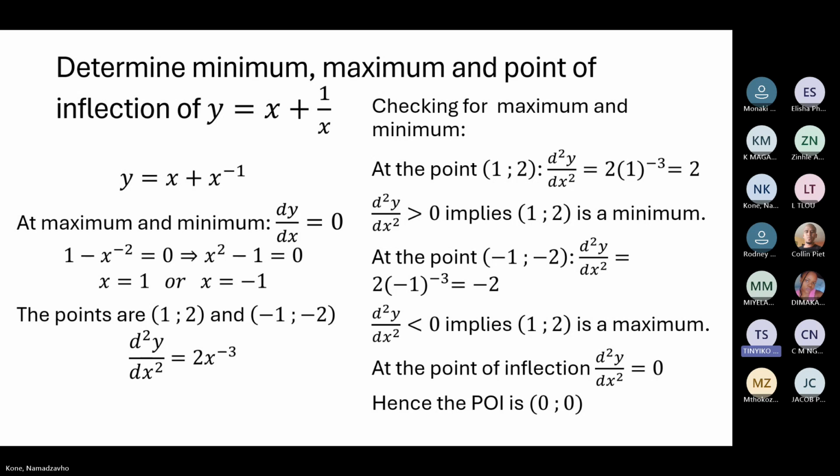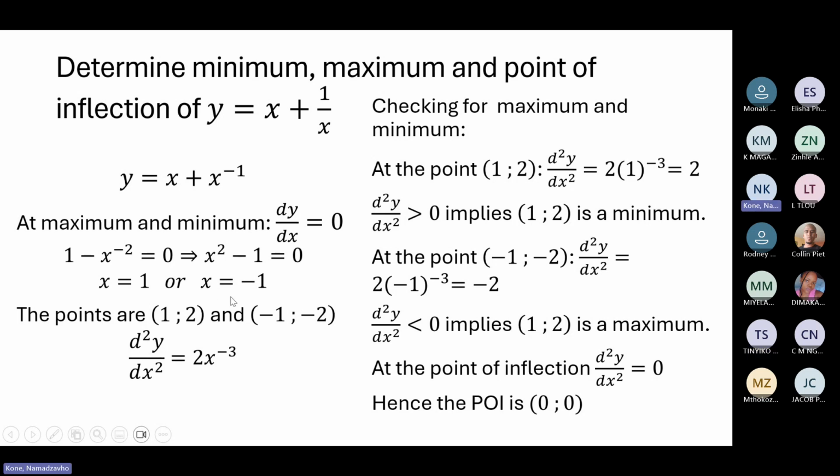My question is that these points were (1, 2) and (-1, -2). How did you even determine those coordinates?